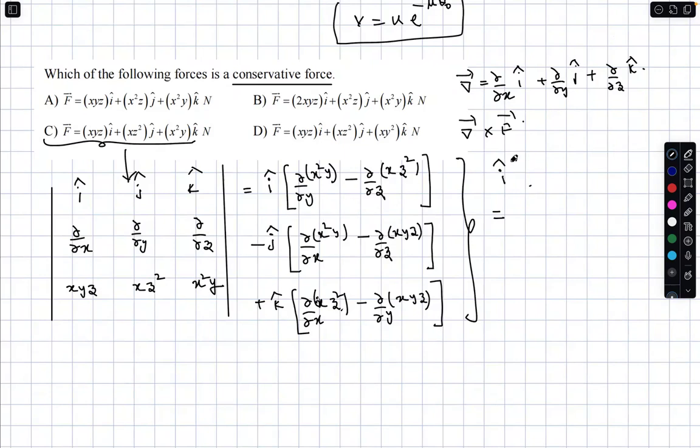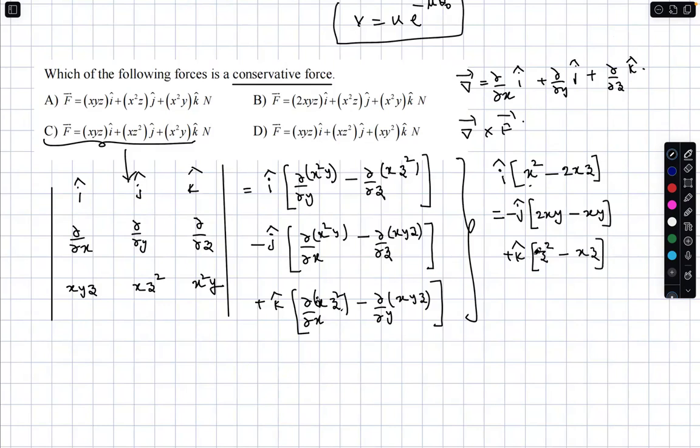This will become x square, and this will become 2xz, minus j cap times 2xy minus xy, plus k cap times z square minus xz.